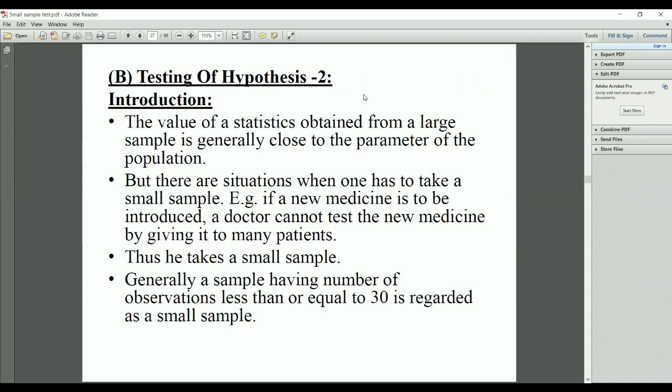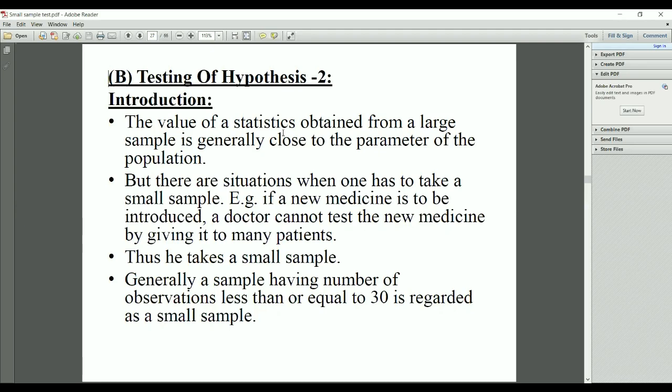So in testing a hypothesis, the value of the statistic obtained from a large sample is generally close to the parameter of the population. If you are considering large samples, it is most probable that the mean from the population and the mean from the sample are approximately the same.